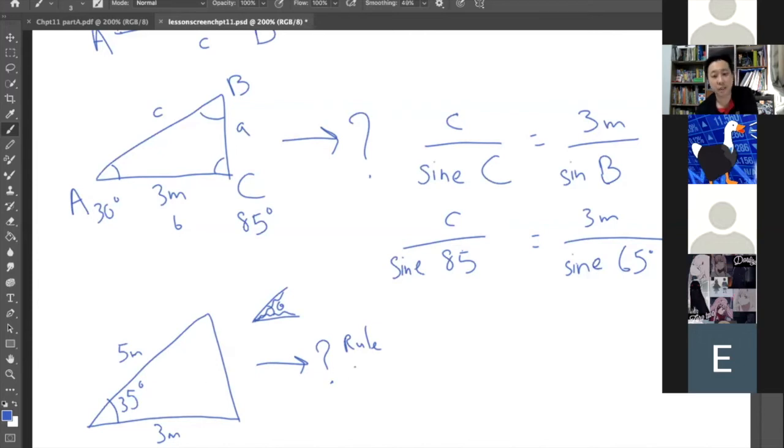You will always use the cosine rule. So remember, you have two lengths, like a crocodile with teeth, and the angle. Then you use the cosine rule, right? So what is the cosine rule?